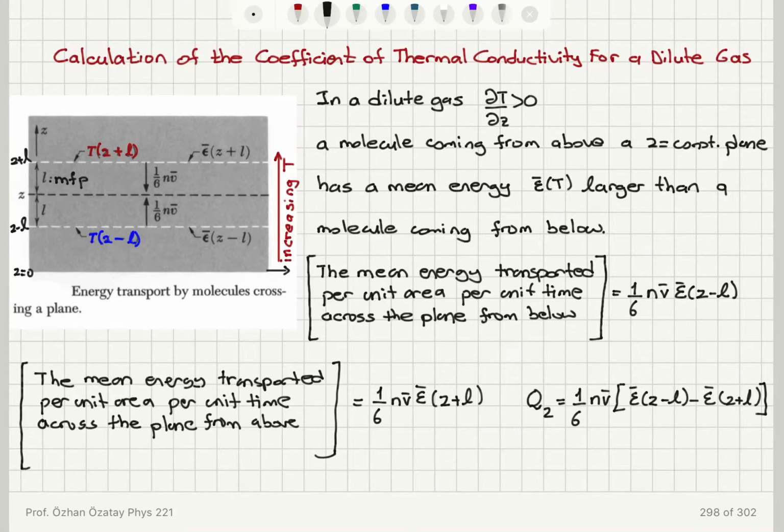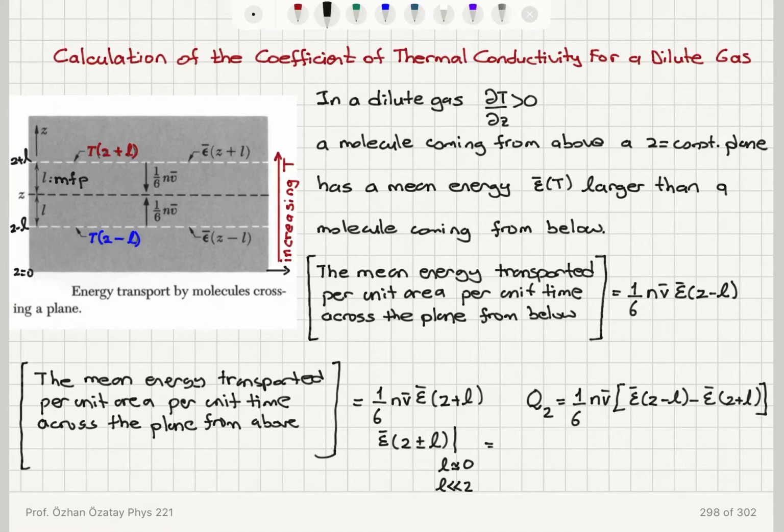So we can use the same trick we used for our previous discussions on viscosity as well as the diffusion process, diffusivity. So epsilon bar at z plus or minus L, the mean free path, can be expanded around L is equal to 0, or we can say that L much less than the z limit.